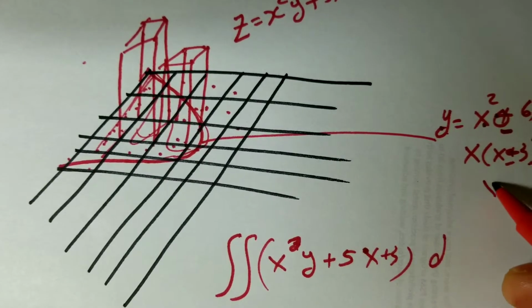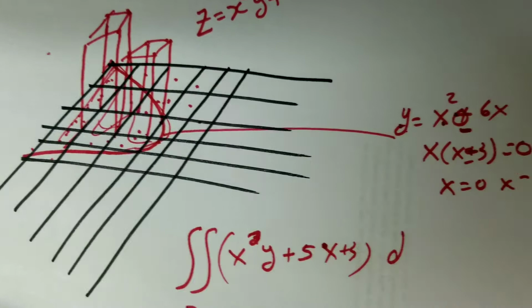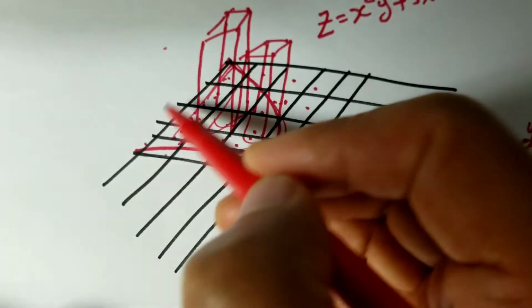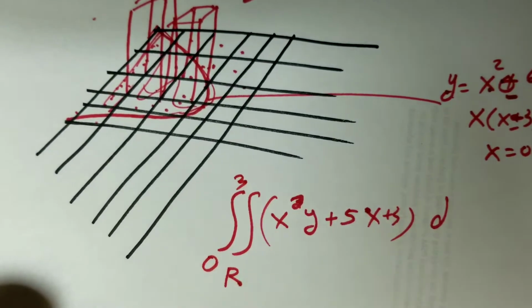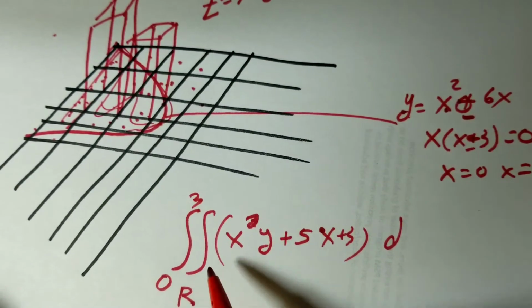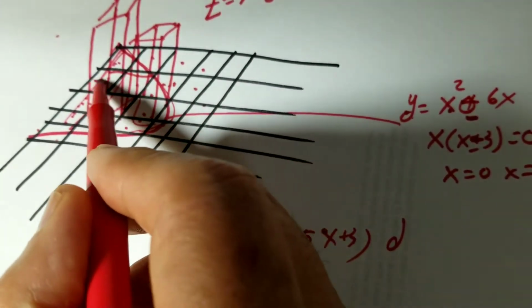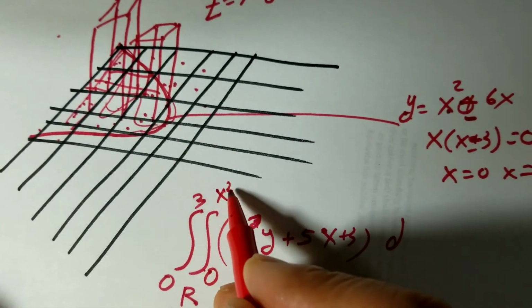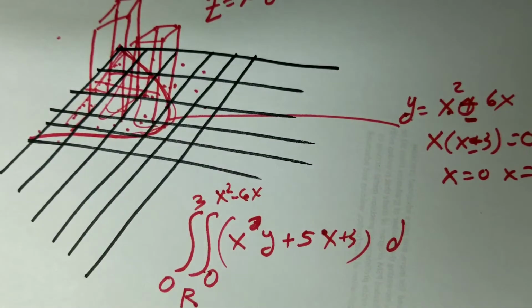When y is 0, your x's go from 0 to 3. Therefore, I make my x fixed and go 0 to 3. But my y varies. All these y's vary. I can write my y from 0 to x squared minus 6x.